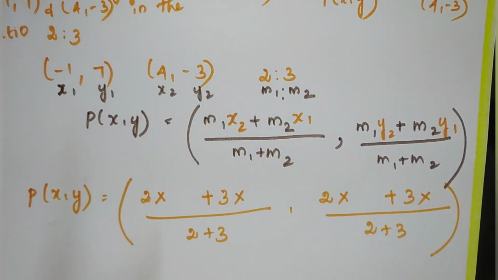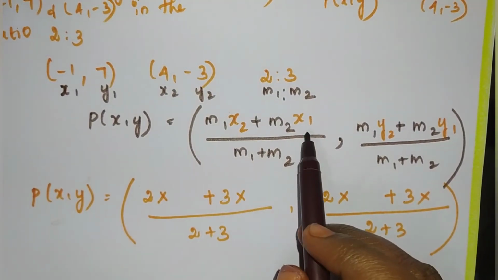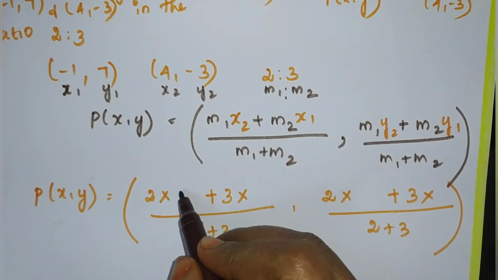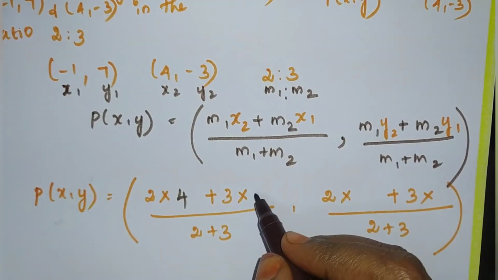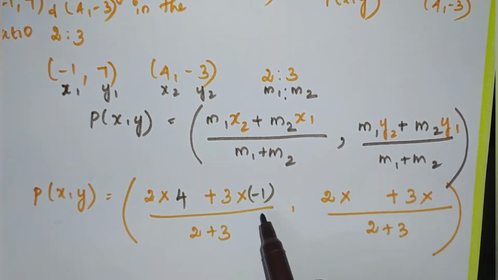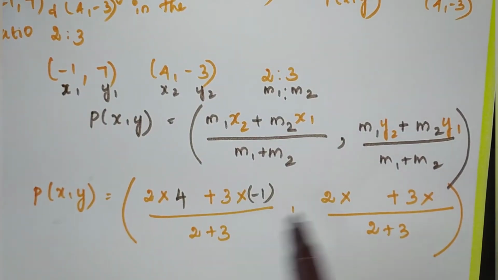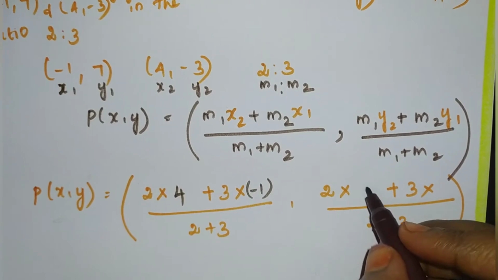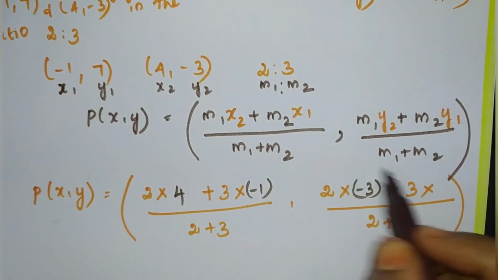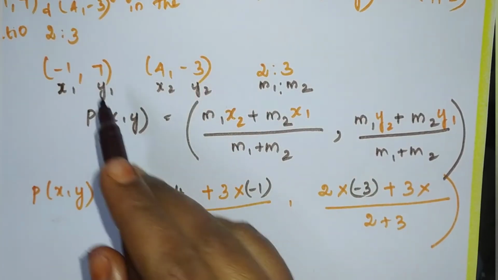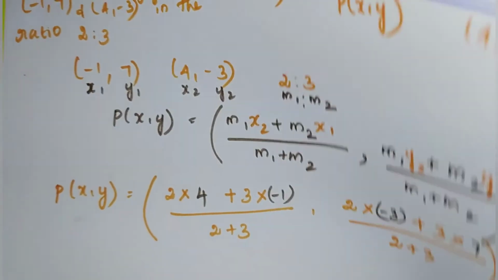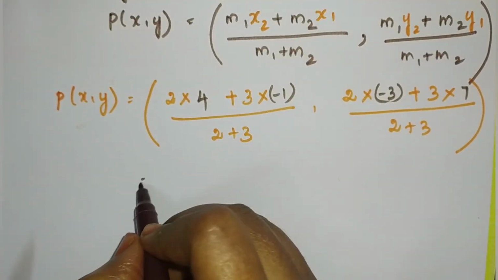Now write the x2 value and x1 value. x2 is 4 and x1 is -1. Since we have a negative sign, draw the bracket. Next y2, next y1.